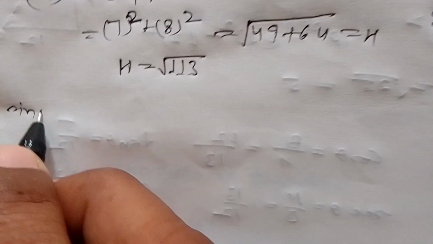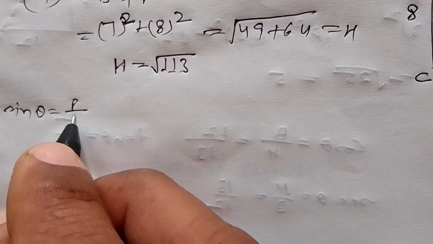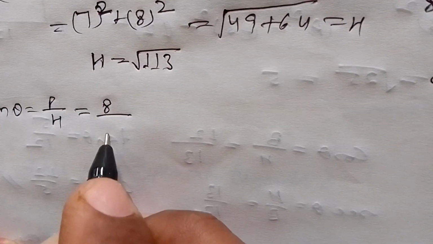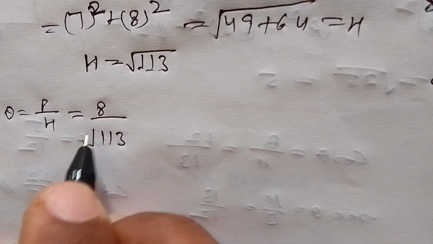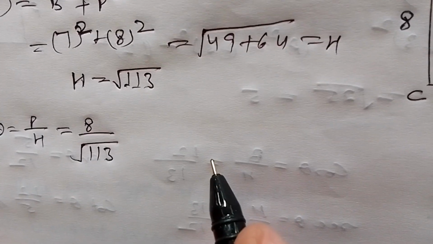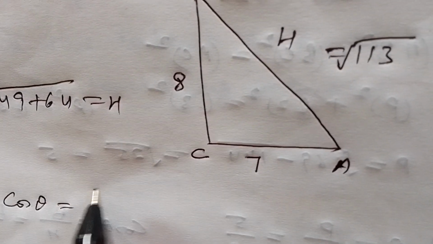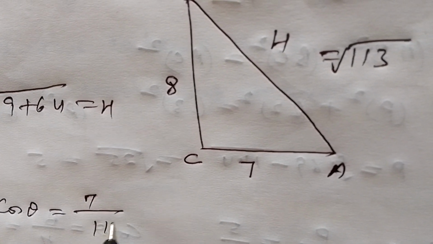From this we can calculate sin theta, that is perpendicular divided by hypotenuse, that is 8 divided by root 113. Then cos theta, that is base divided by hypotenuse, that is 7 divided by root 113.